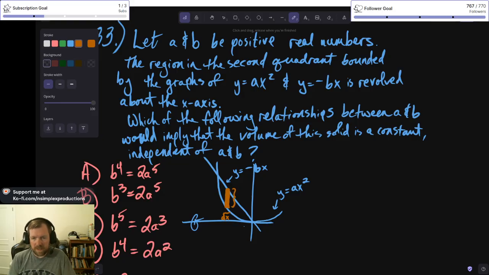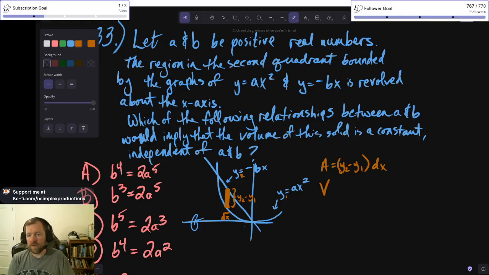If we let this be y1 and that be y2, then y2 minus y1 is the height. So the individual areas are going to be y2 minus y1 all multiplied by dx.